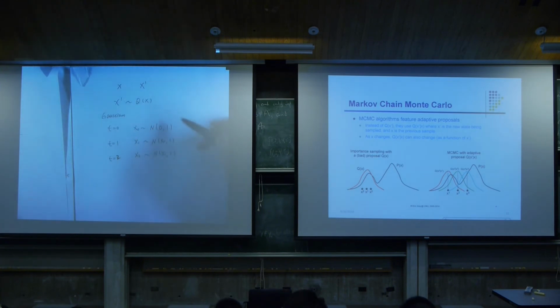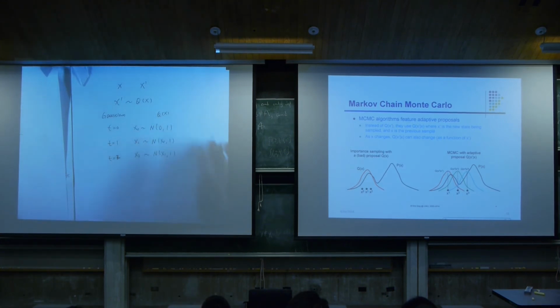So you see, in each time step, the distribution Q is changing. In time 0, the mean is 0, and in time 1, the mean is x0, and in time 2, the mean is x1.